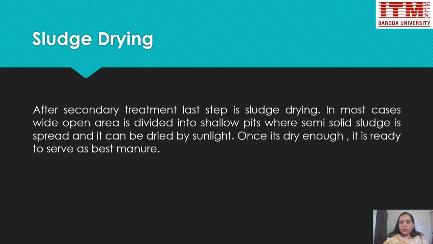Whenever it is dry, meaning complete moisture is out, you can say that it is the best manure which can be given to the farmers or for any agricultural activity at low cost or at no cost. So that is going to be useful for agricultural activity. So this is how we are dealing with the unit processes in a wastewater treatment plant.